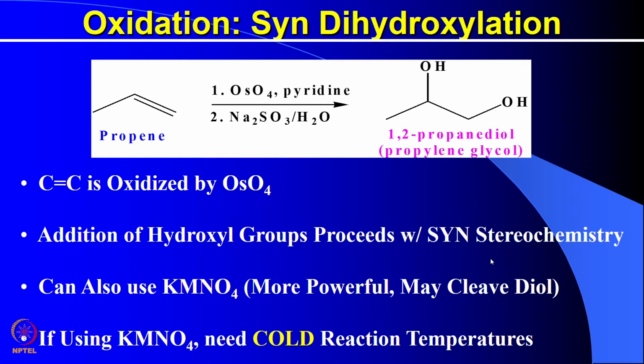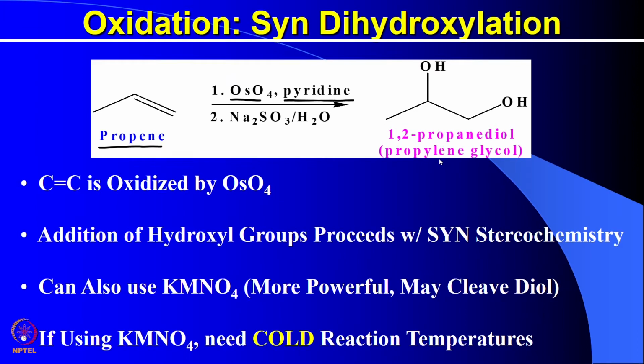So when you do an oxidation reaction on a CC double bond like propene using osmium tetroxide and pyridine, you would get a diol. So the CC double bond is oxidized by osmium tetroxide, and the addition of hydroxyl groups proceeds with syn stereochemistry, and it can also be done using potassium permanganate.